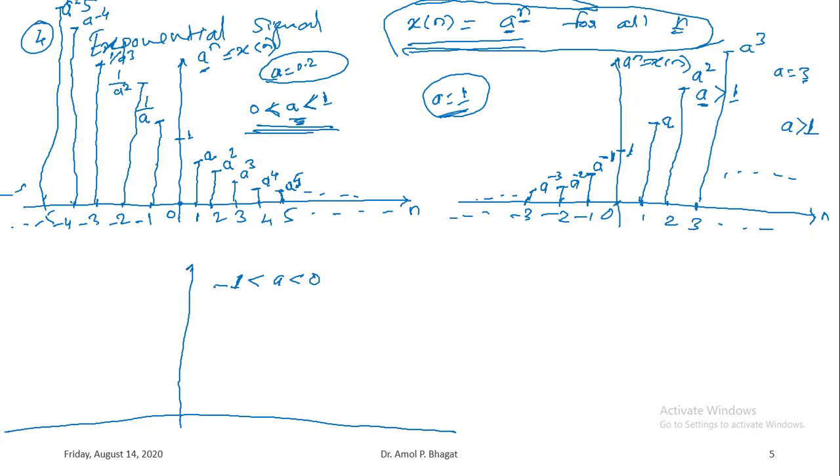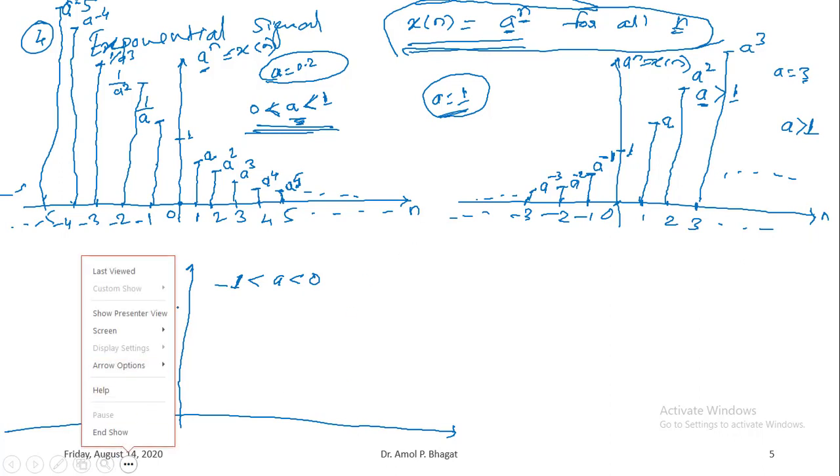If I want to plot this signal, how can it be represented? I will try to insert one more slide here, because this graph cannot be accommodated.